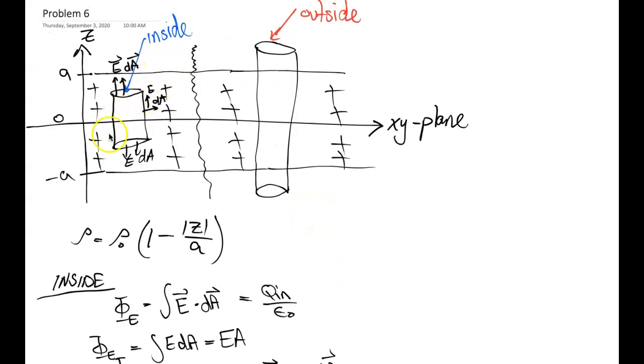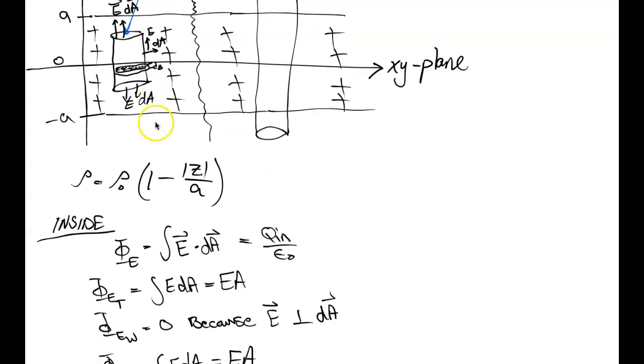So if we look at an area element here, that would be dA, and dz would be this little part down there.